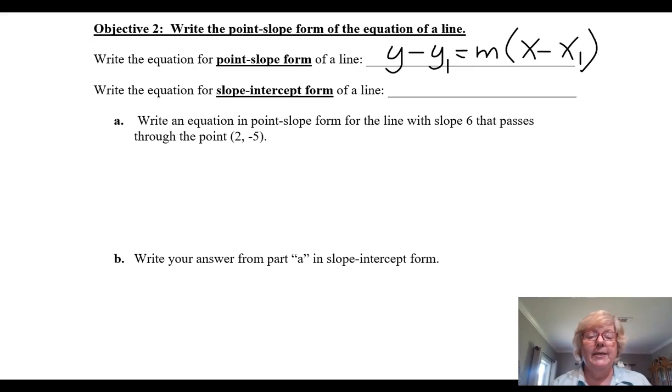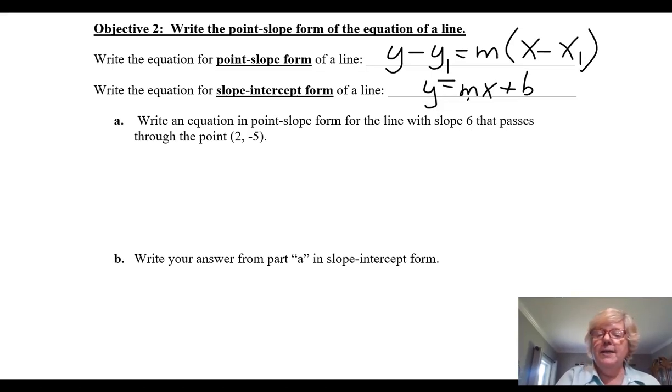The m again is your slope, and the x1, y1 represents an ordered pair. A second important equation for linear functions is the slope-intercept form. It is y equals mx plus b. Now we already said that m, let me go ahead and make that equal sign a little cleaner.